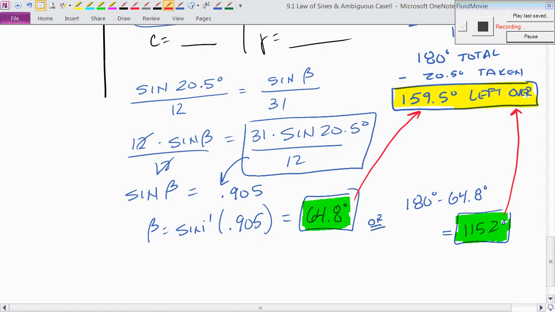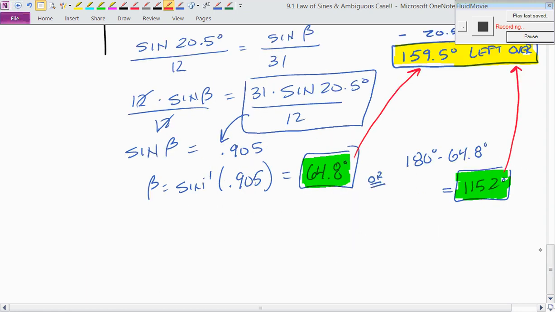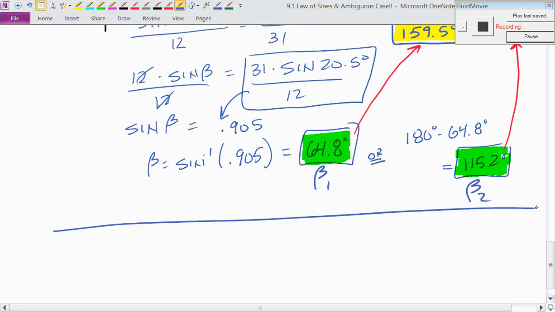In the case of only one triangle, one of those two angles is going to be greater than the leftover, and therefore it can be excluded. In the case where there's no triangle, we're going to get a domain error, which I'm going to show you an example of. So there are two angles out there whose sine is 0.905, and we have to consider both of them. What I do now is call this one beta 1 and this one beta 2. I told you this was the hard example first.